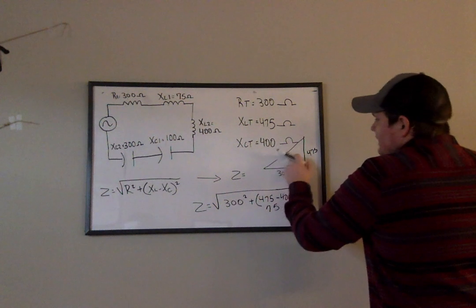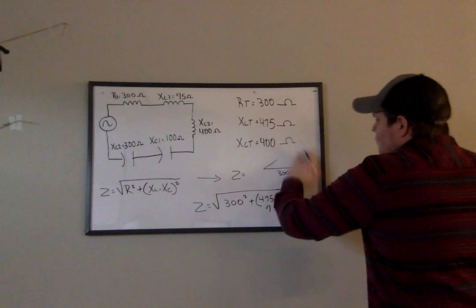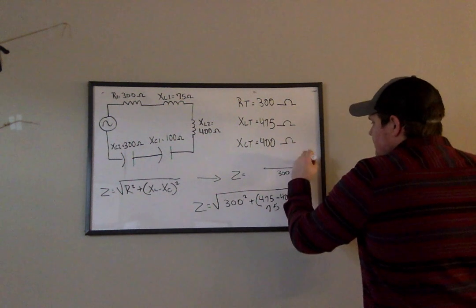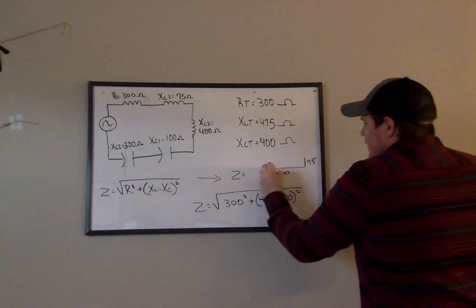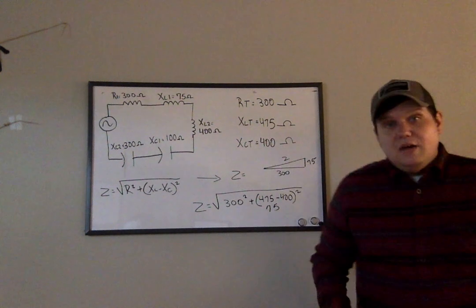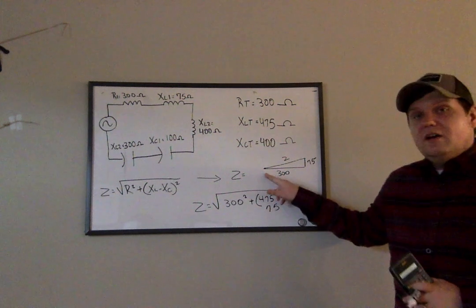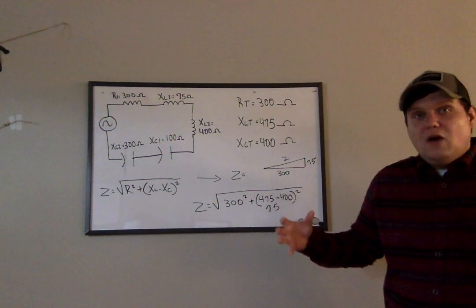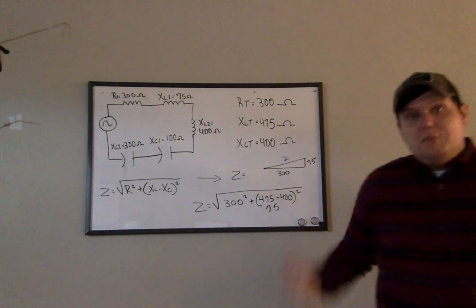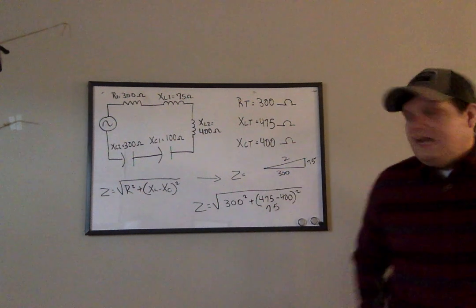So really, this triangle now actually only looks about like that. So see what I did? Voltage and current are no longer that far out of phase with each other, which is going to mean a smaller angle, better power factor. Okay?